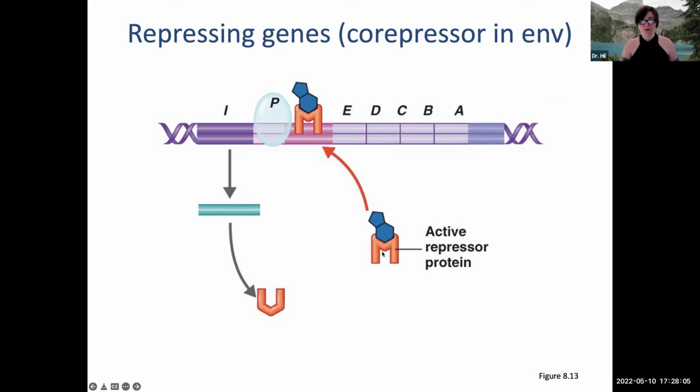It gives it that motivational speech needed to get its boots on the ground, and it goes and sits in the operator. And what happens to transcription? It stops. Hallelujah. It stops. That's what we wanted, right? Because the job of these genes when they're translated is to make more tryptophan. Now we have lots of tryptophan, so now we can stop making more.